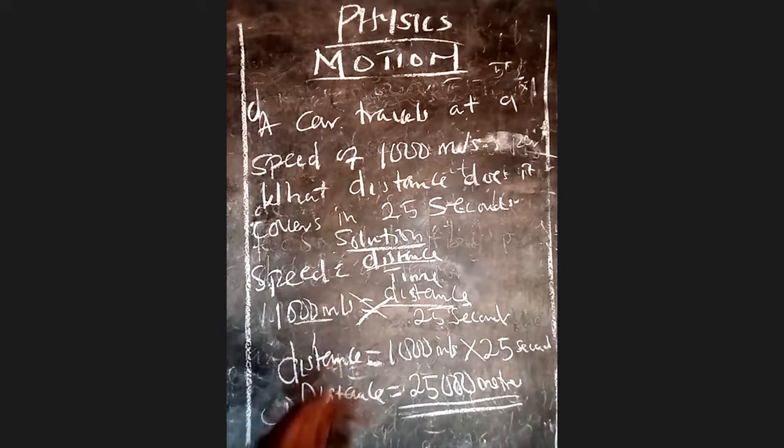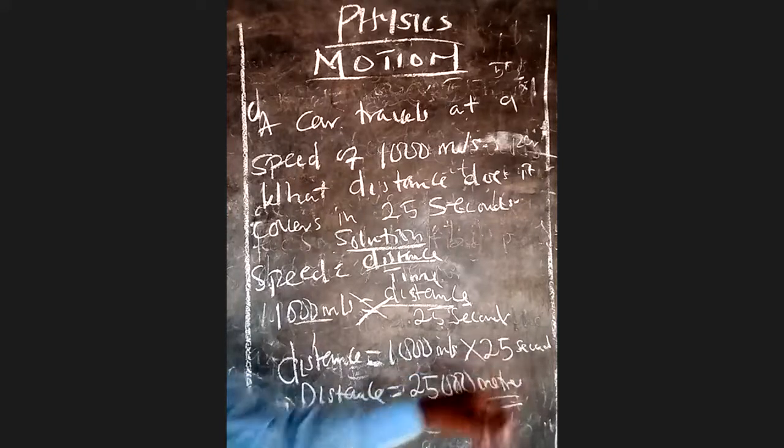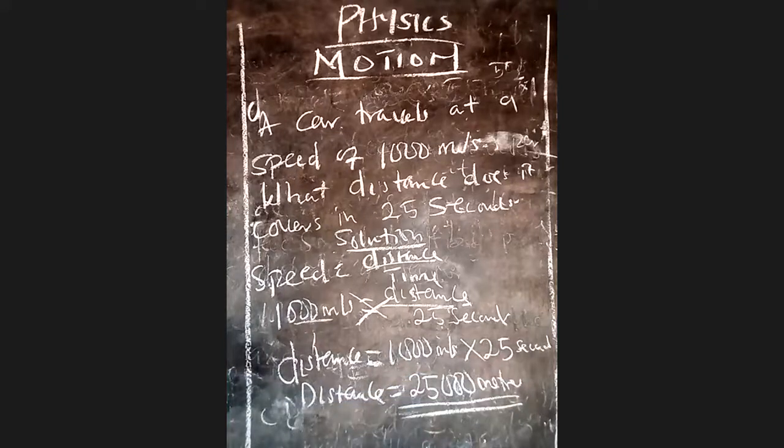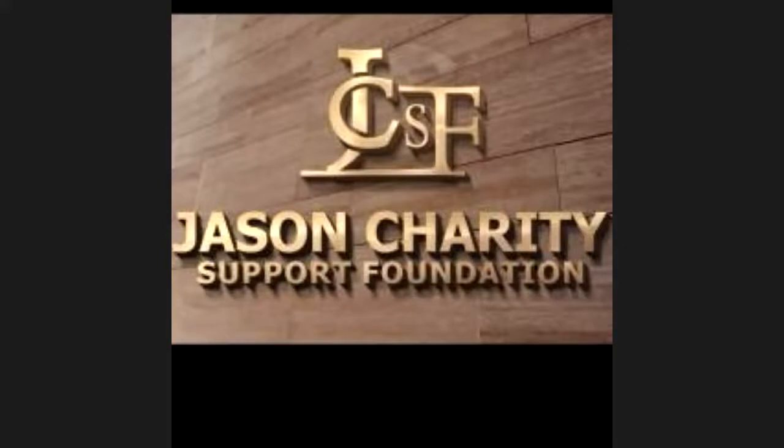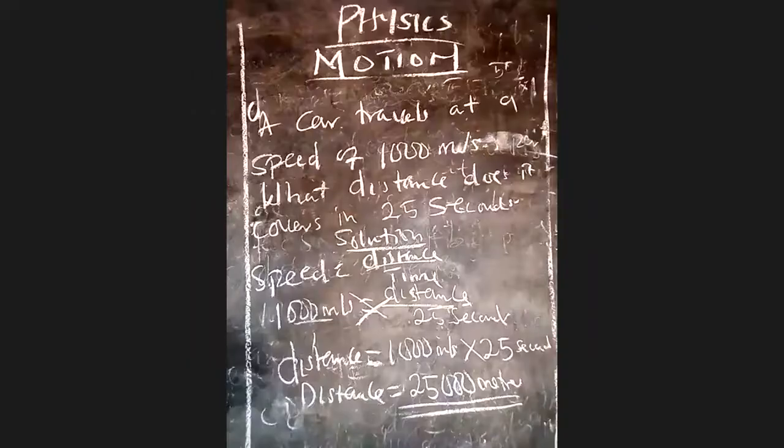Now we cross multiply. Distance is equal to 1,000 meters per second times 25 seconds. So this will give us 25,000 meters. It travels 25,000 meters in 25 seconds. So with that, I hope you understand the concept.